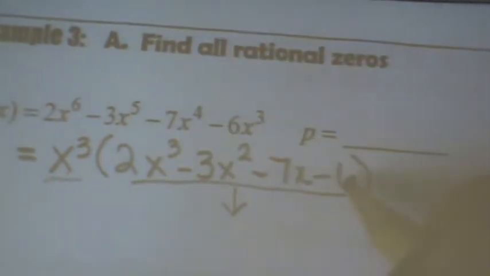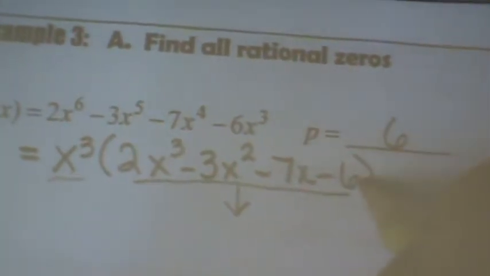So I need my p value, which is 6, and my q value is 2. So what are your possibilities? What numbers go into 6? 1 goes into 6, 2 goes into 6, 3 goes into 6, and obviously 6 goes into 6. And then what are your factors of 2? 1 and 2.